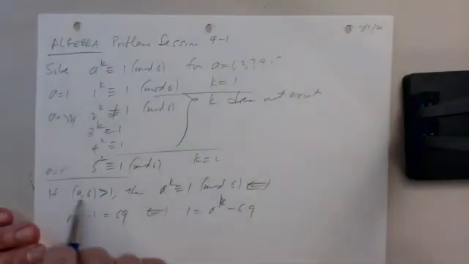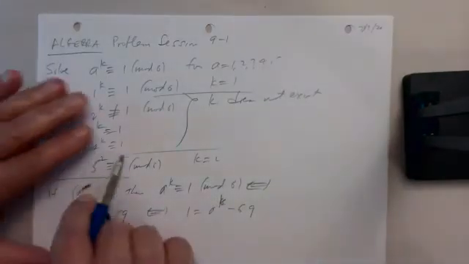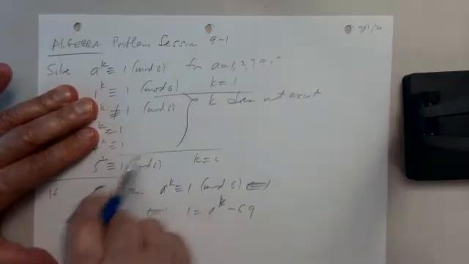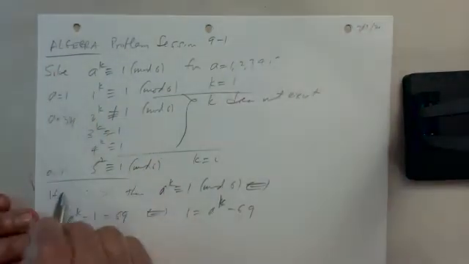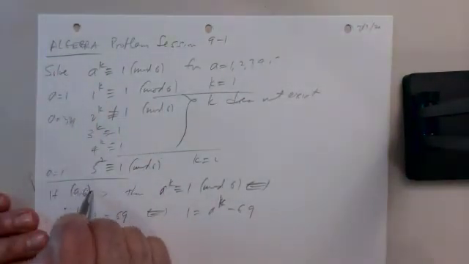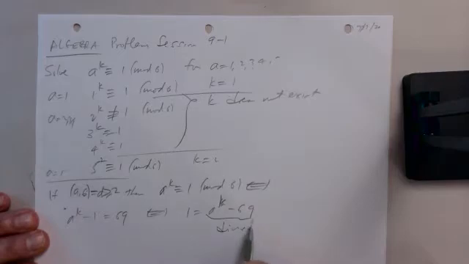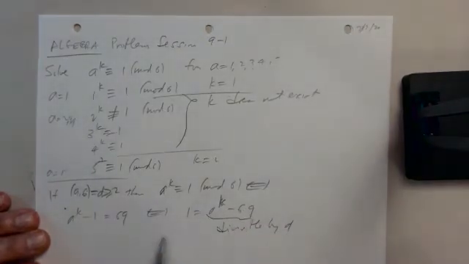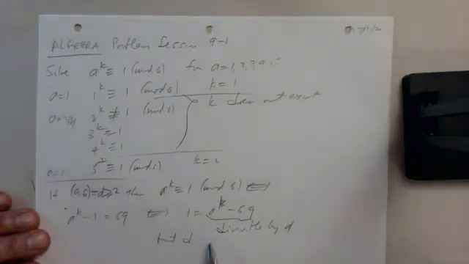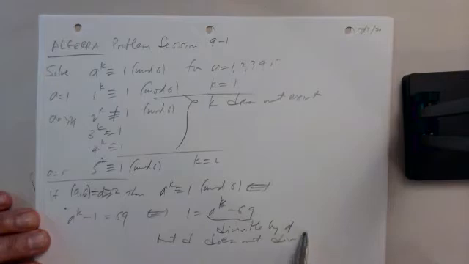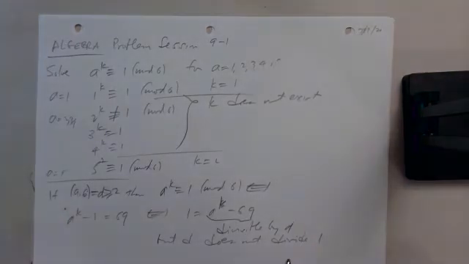But suppose the greatest common divisor of a and 6 is some number d, which is at least 2. Then this is divisible by d, because d divides a and d divides 6, but d does not divide 1.